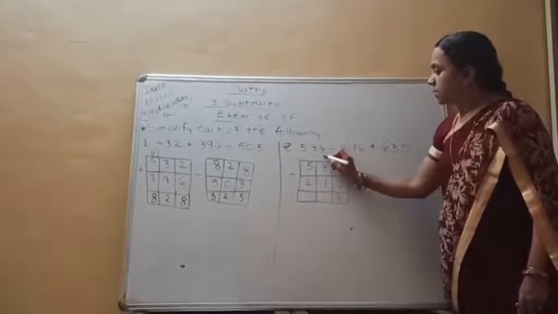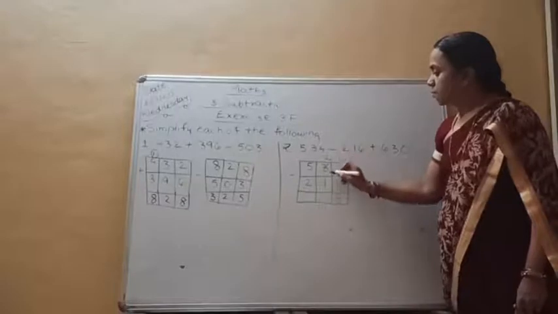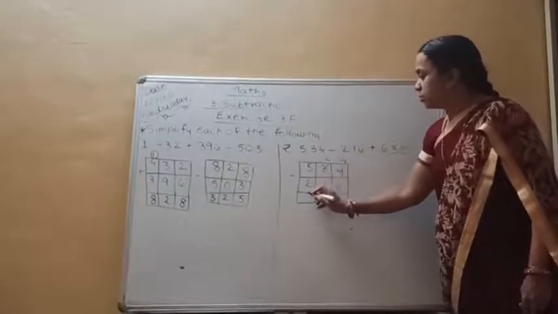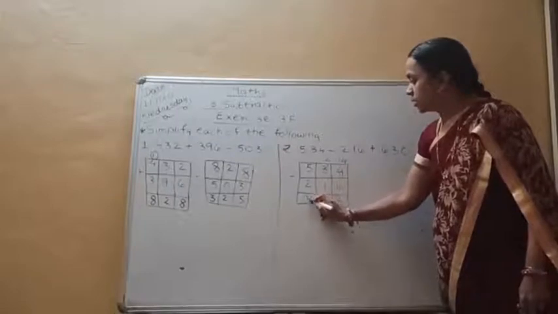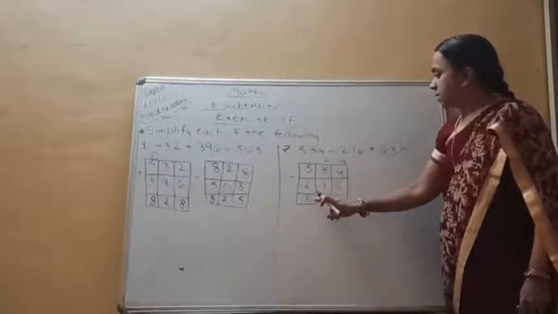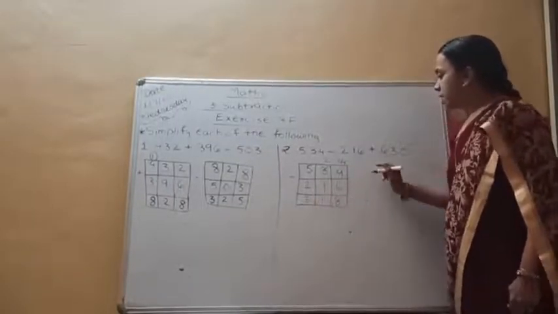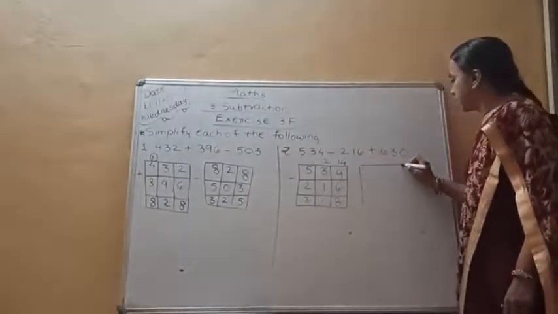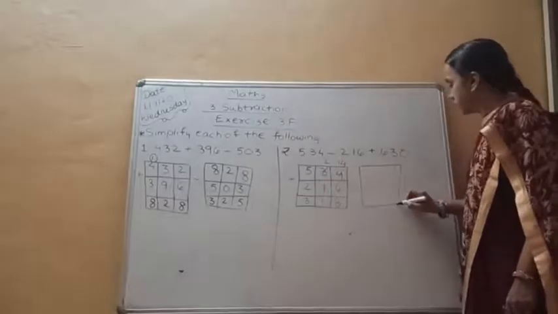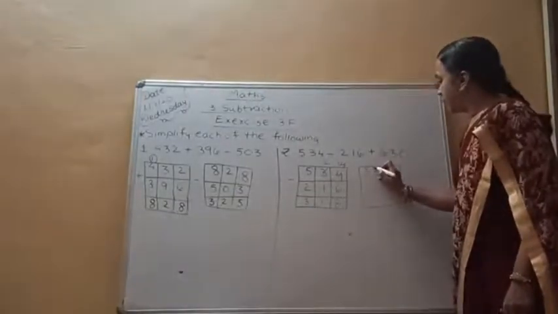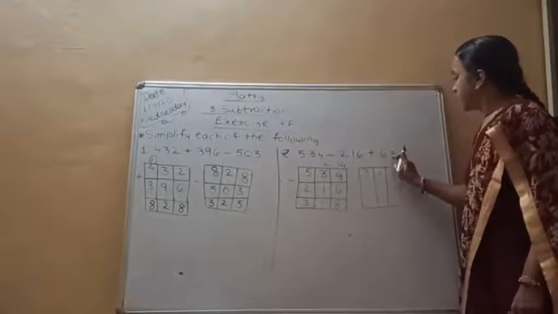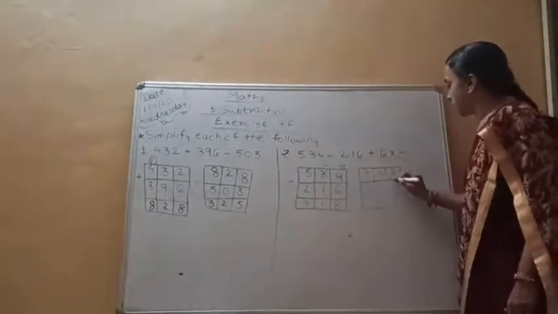Now 3 minus 1, 2. 2 minus 1, 1. 5 minus 2, 3. So what is our answer? 318. So you write down here 318 plus this 630.